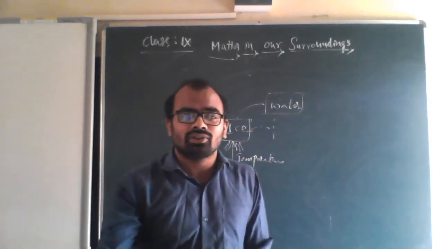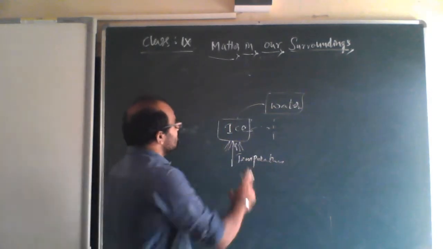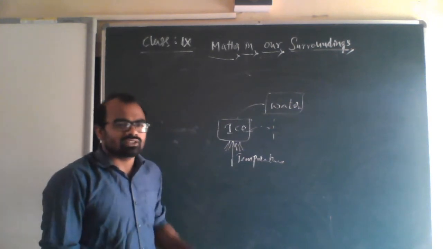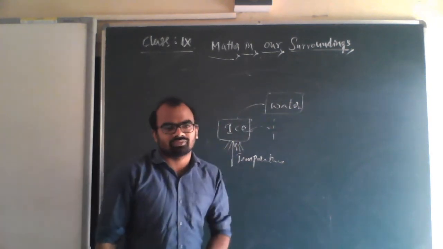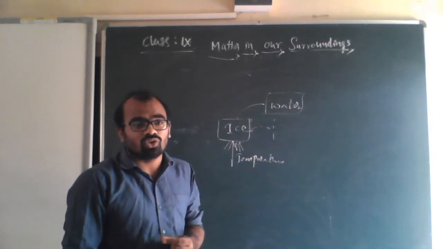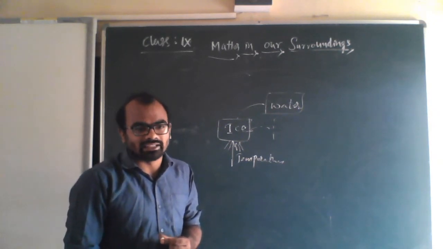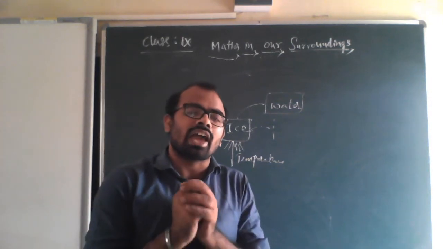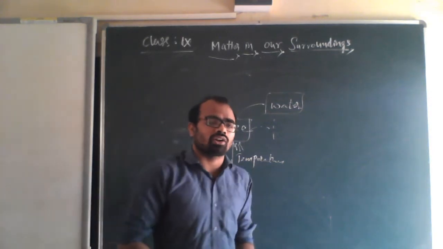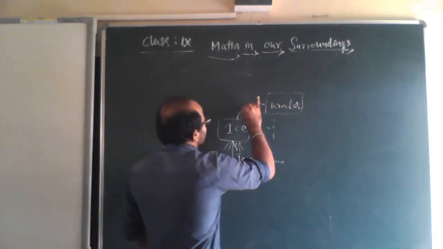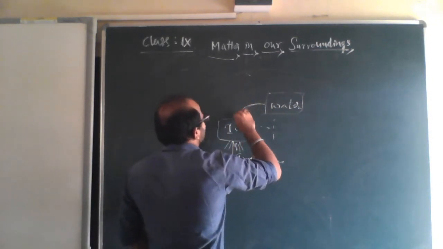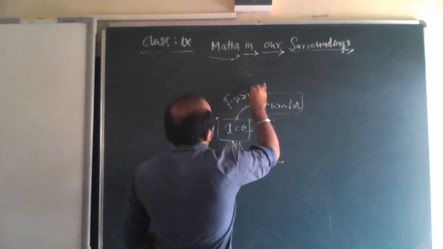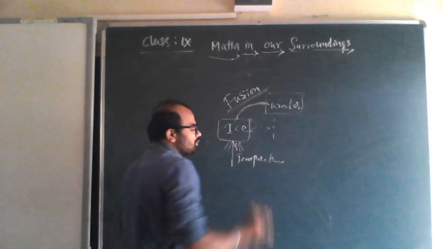Ice will get converted into water. This conversion of ice to water, or solid state to liquid state, is called what? Melting. So here ice is melting to form water. The conversion of ice to water is called melting, or another name is fusion. The proper name is fusion.